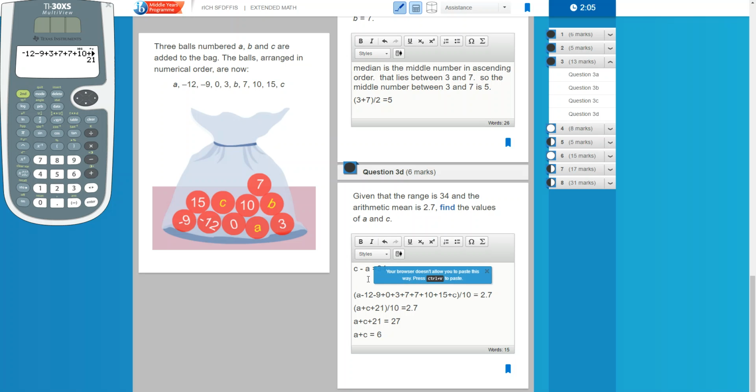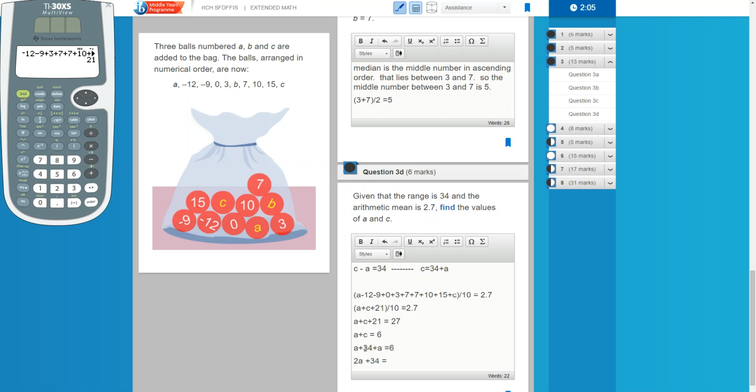Okay, and let's rewrite this as C equals what? 34 plus A, right? And we can substitute that into here. So it's going to be A plus 34 plus A equals 6. So I've got how many A's? And then keep going some more, you're doing good.